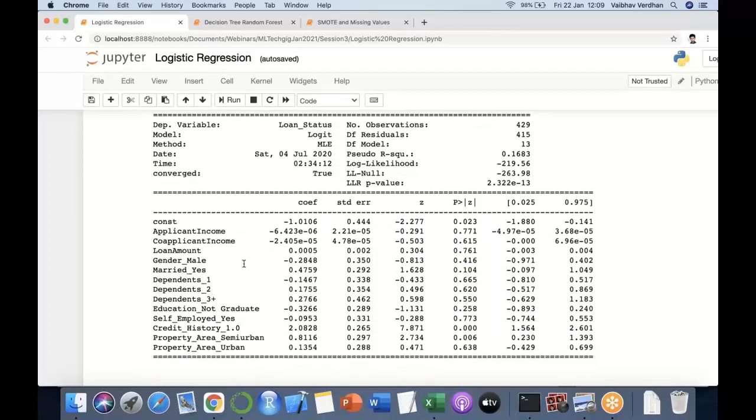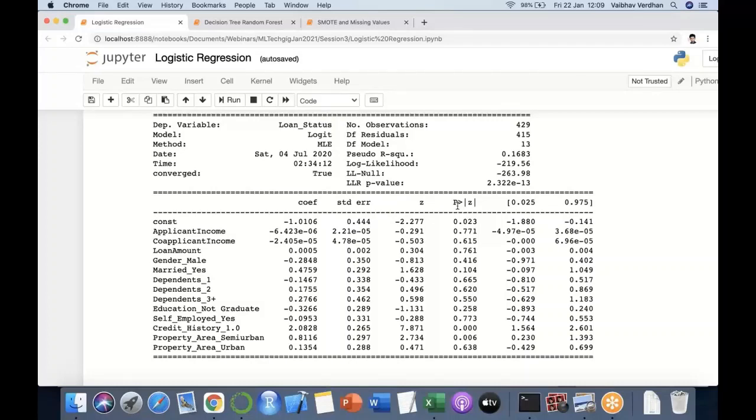The way to identify which variables are significant is to look at their p-values. We discussed the concept of p-value last time. If the p-value is less than 0.05, we can say that those variables are significant for the model.